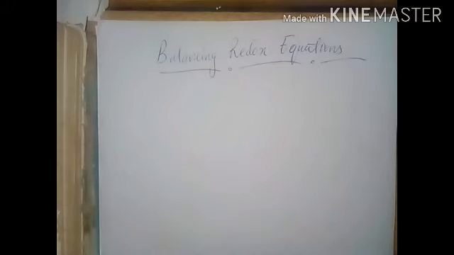And then for a redox equation to be balanced, matter and the charge must be balanced. That is, mass and charge must be balanced. It means the sum of the charge on the left hand side of the equation must be equal to the sum of the charge on the right hand side.